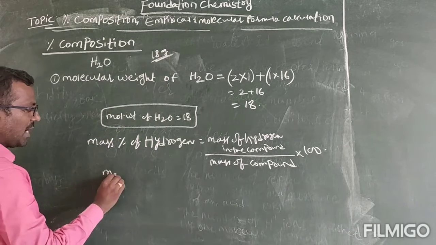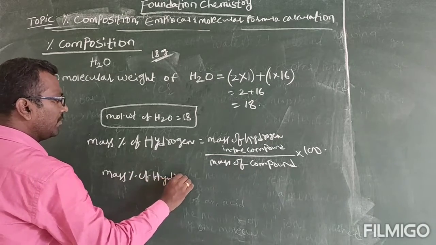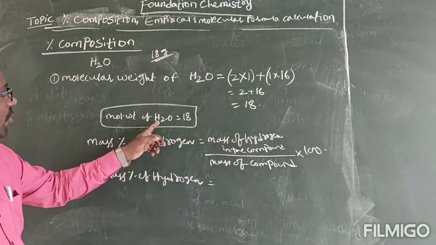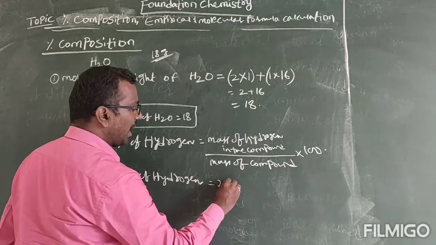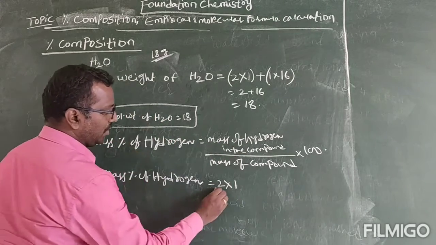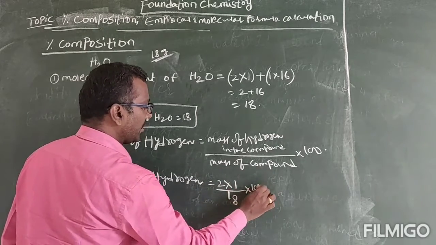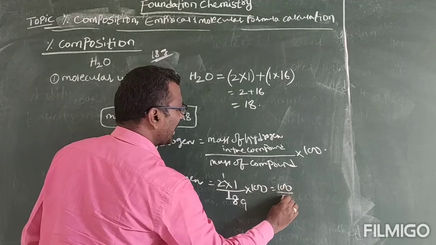So now the mass percentage of hydrogen is equal to the mass of hydrogen. How many hydrogen atoms are there? 2. So 2 into the atomic weight of hydrogen 1, by the mass of the compound 18, into 100. 2 ones are 2, by 18 into 100, it is 100 by 9.